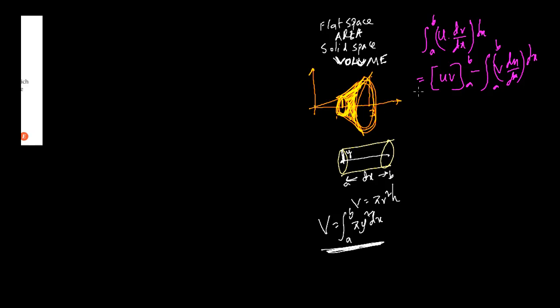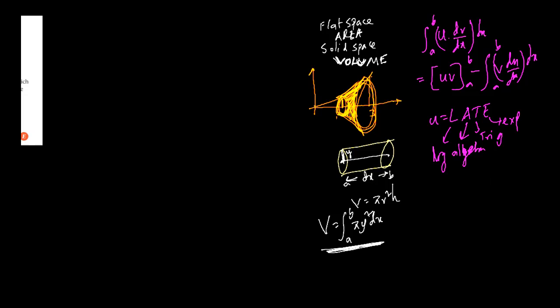So that's what you have to do. And how do you select u? U is selected by LATE, in this order. L represents log or ln, A is for algebra, T for trigonometry, and E for exponential.